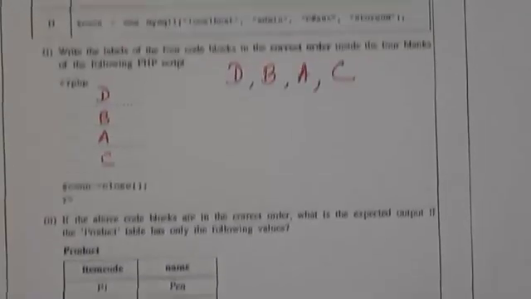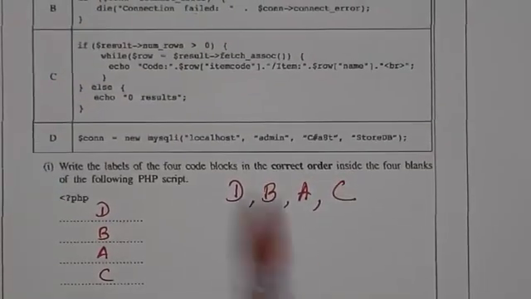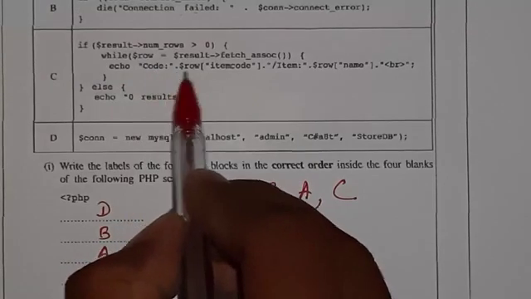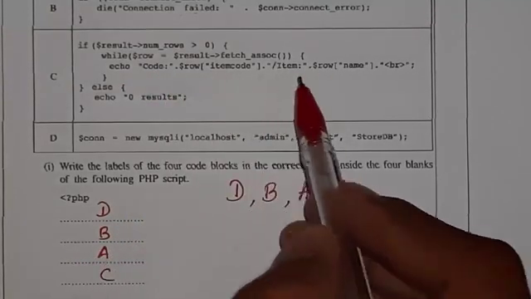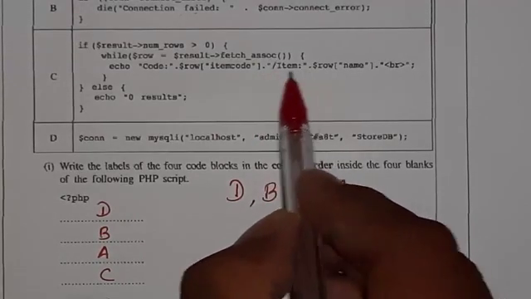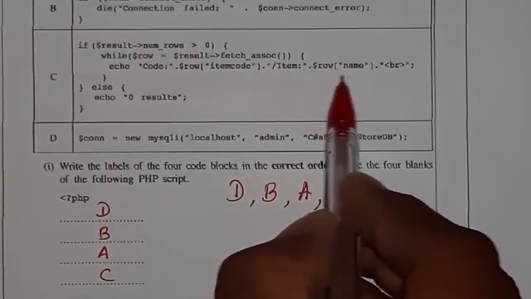So to consider the output, you have to go through this line, echo code colon item code, then the slash and item colon the name of the item.